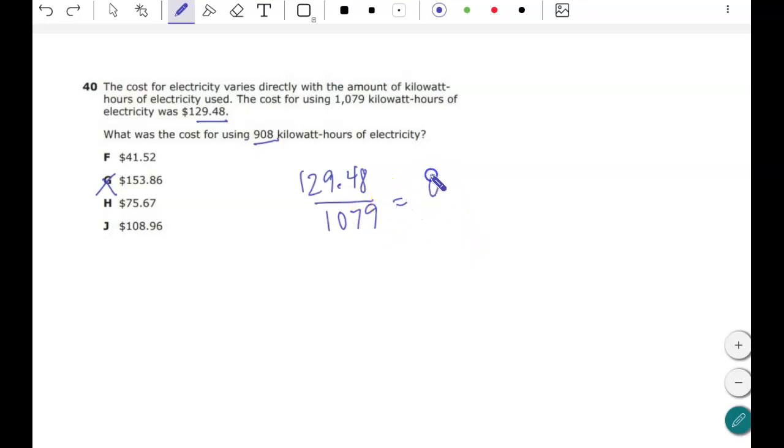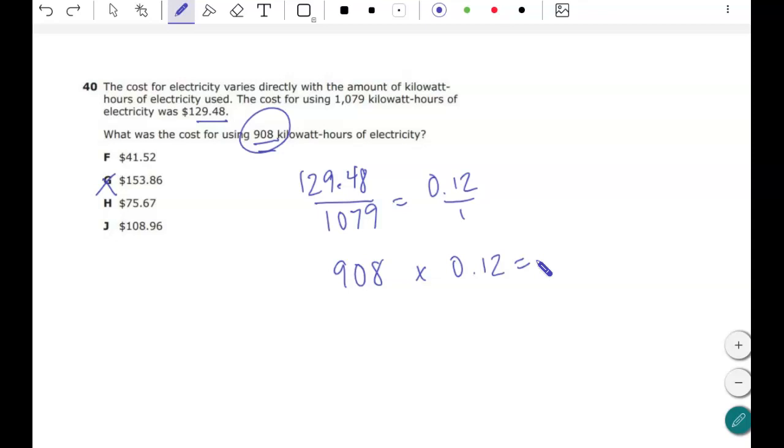So you could set it up like this, but all that means is it's going to be 12 cents for each watt. So then you want to know what it is for 908, so then you're going to multiply that 908 by 12 cents. Now the 12 cents should already be in your calculator by doing that division.